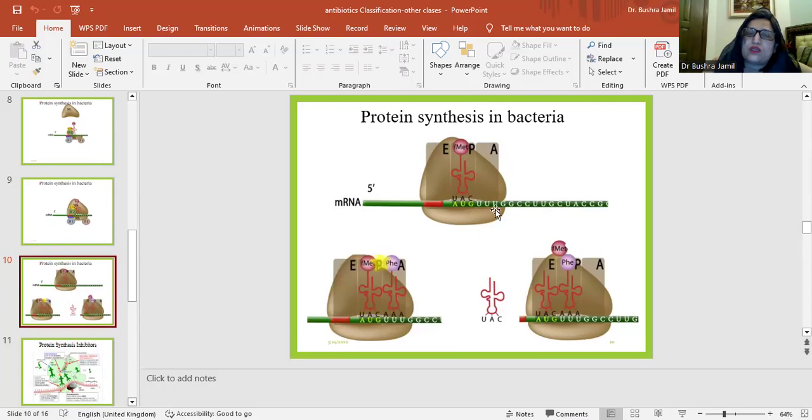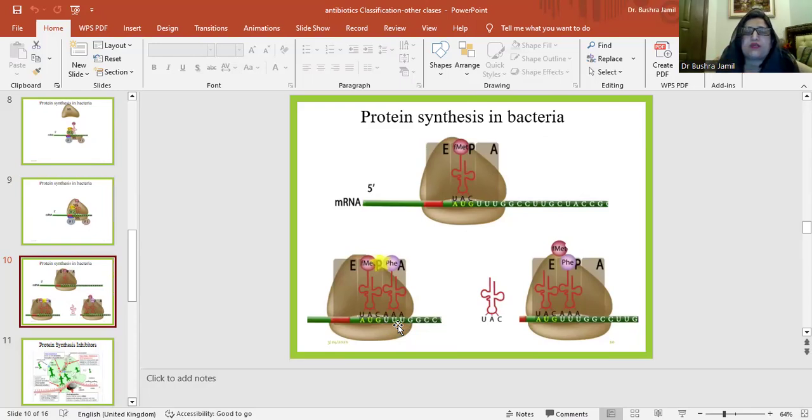If the transfer RNA carrying the amino acid is complementary to this codon, then it will bind here, otherwise it will eject it out. So you can see this transfer RNA complementary to this codon has bound here.